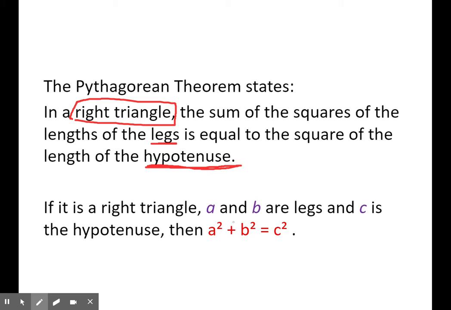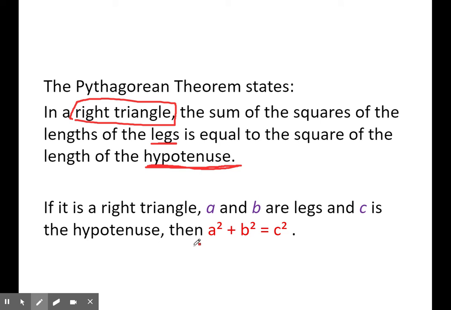Here is an equation that states the Pythagorean theorem. This is what Sir Pythagoras came up with. If it is a right triangle, A and B are legs and C is the hypotenuse, then A squared plus B squared equals C squared. Remember, anytime we've got that little 2 up there, we call that our exponent.